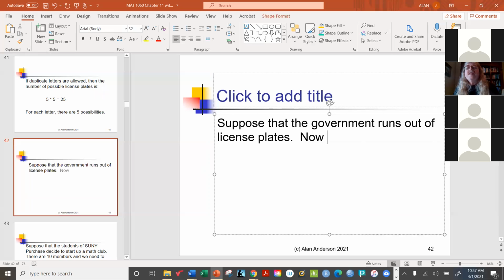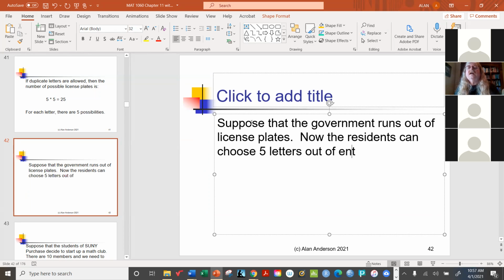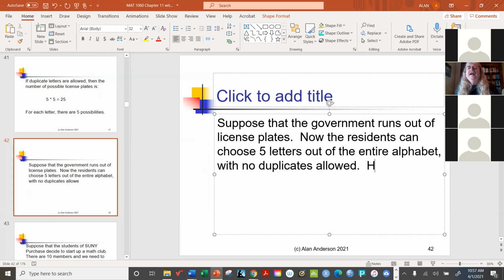So now the residents can choose 5 letters out of the entire alphabet. But we'll assume right away with no duplicates allowed. How many license plates can now be created?